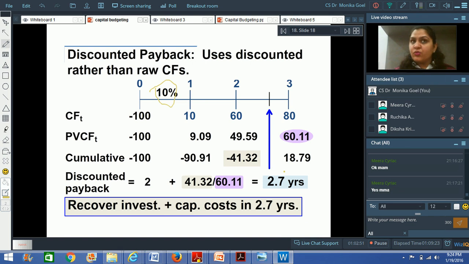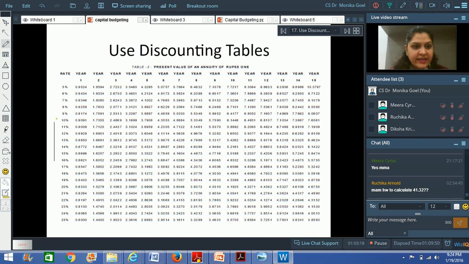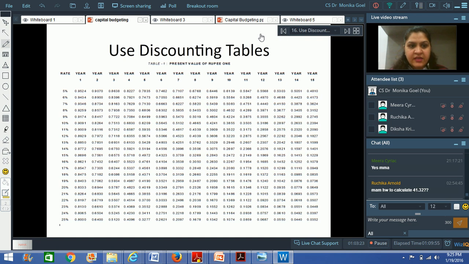In these 2.7 years, I will not only recover my initial investment of ₹100 but also the interest cost at the rate of 10%. Is the point clear? If I had not included the interest cost, then I was getting my payback in 2.375 years. Because I have now included the 10% rate of interest as well, I'm getting it in 2.7 years.